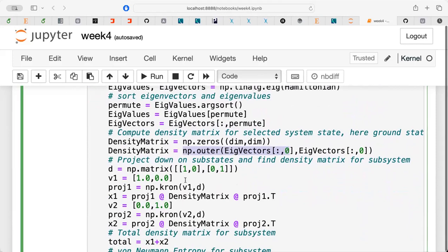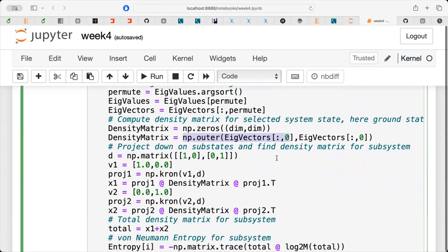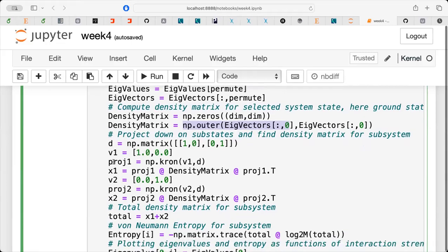I calculate the density matrix. And now I'm doing the projection on the substates. So my diagonal matrix is just 1, 1, as is known. I'm looking at qubit 0 and qubit 1.